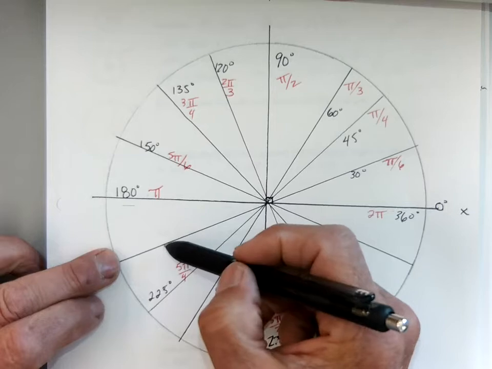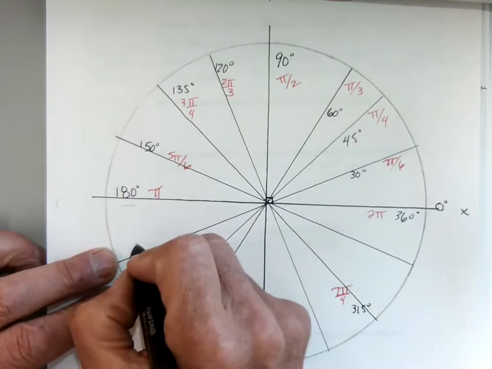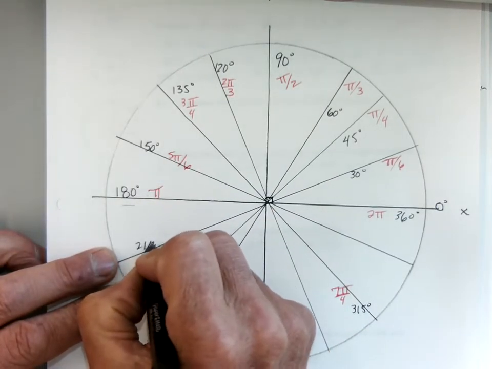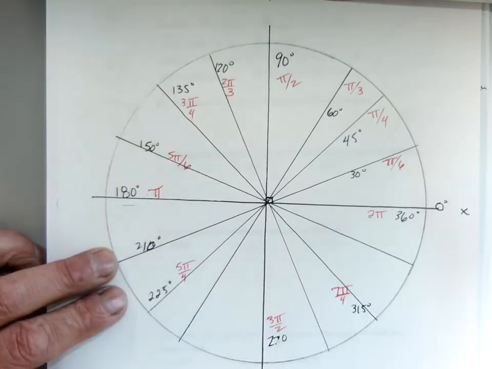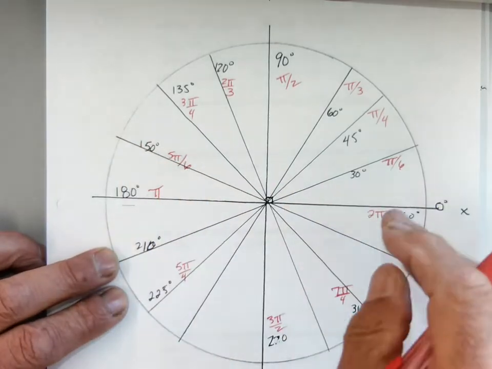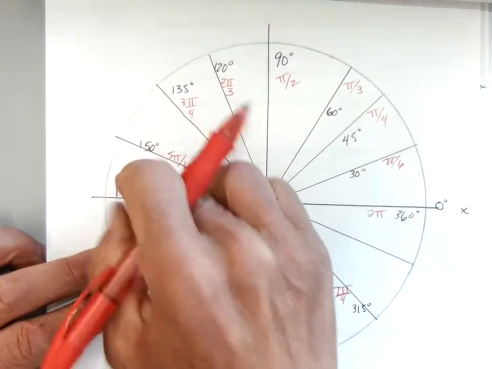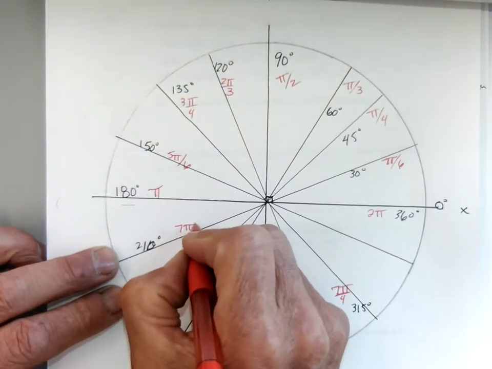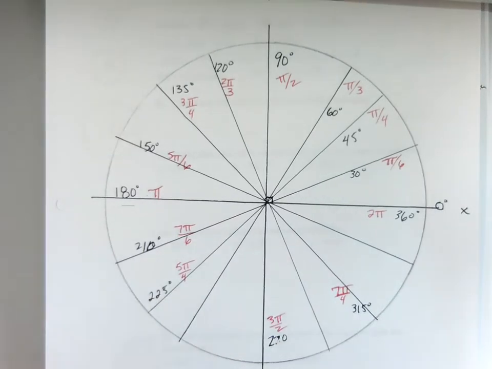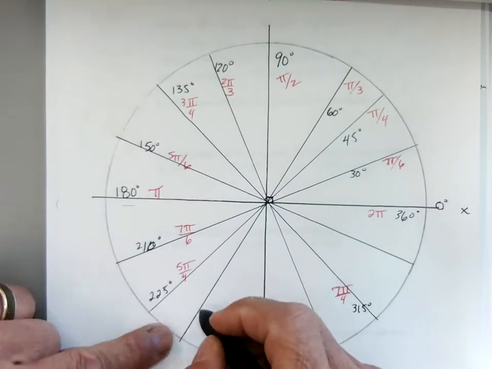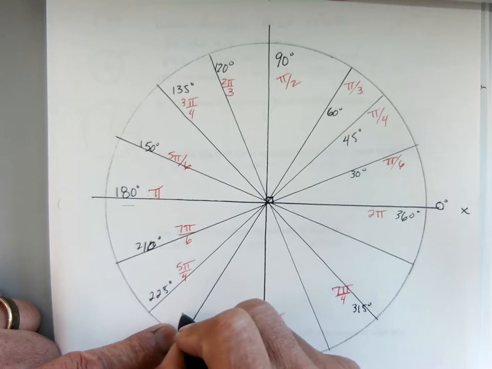Okay, so then another 30 degrees puts me at 210 degrees. But as far as radians, it's one more: 1/6, 2/6, 3/6, 4/6, 5/6, 6/6, 7 pi sixths. Okay, and then I go another 30 degrees and I'll be at 240 degrees.